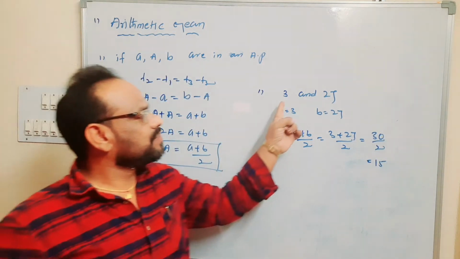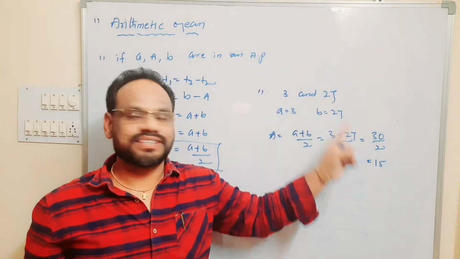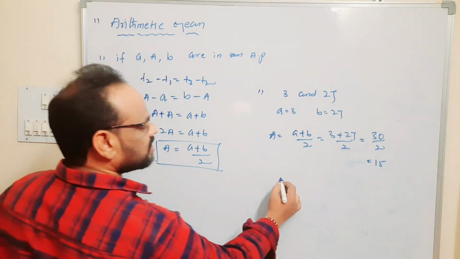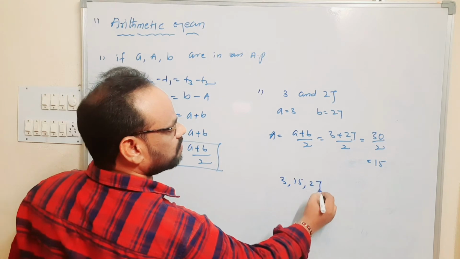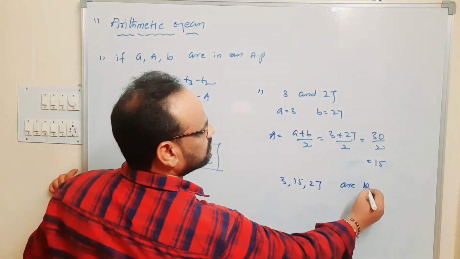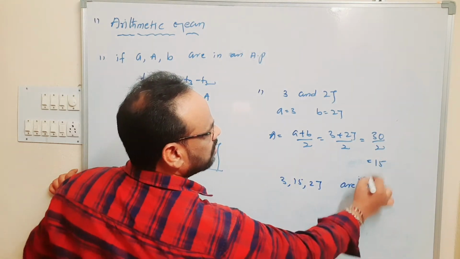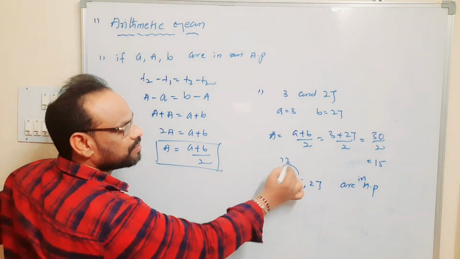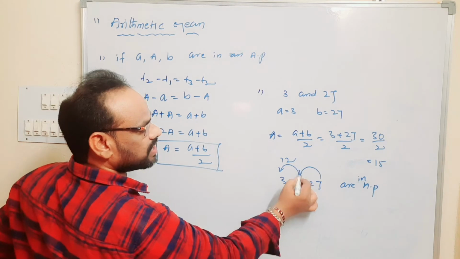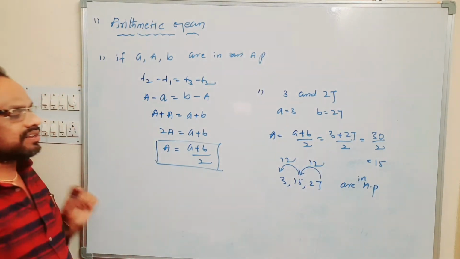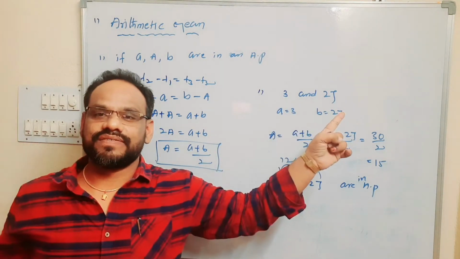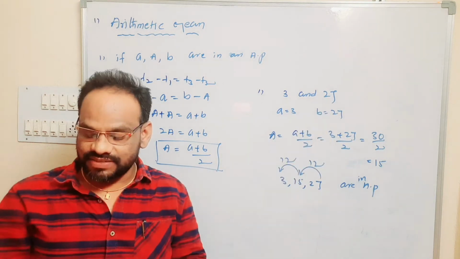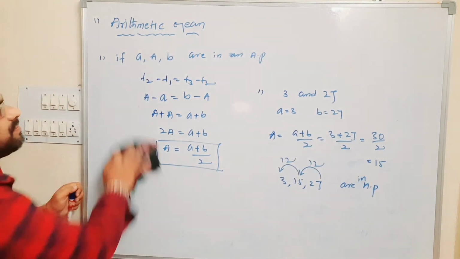So the arithmetic mean between 3 and 27 is 15. Observe here, 3, 15, 27 are always in what? Always in arithmetic progression. Observe here, 15 minus 3 is 12, and again 27 minus 15 is 12. So the arithmetic mean between 3 and 27 is how much? 15.